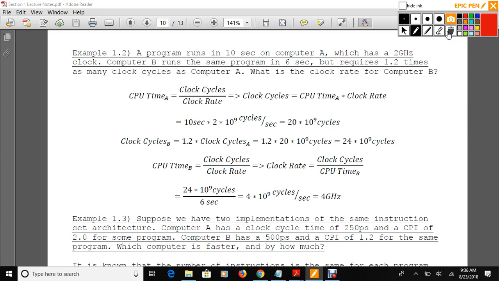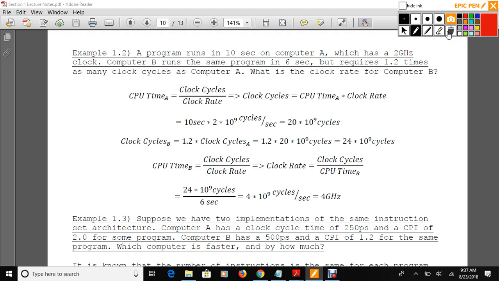So if you know the clock rate, and you know the execution time of the program, you can actually determine the number of cycles for computer A. So the way we're laying the problem out is, I need to find the number of cycles in A, so that way I can use this unit that we know is 1.2 times as many cycles in the problem. And then it'll help me figure out the clock rate for computer B.